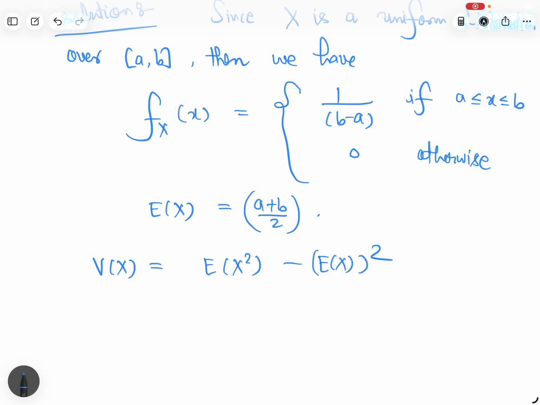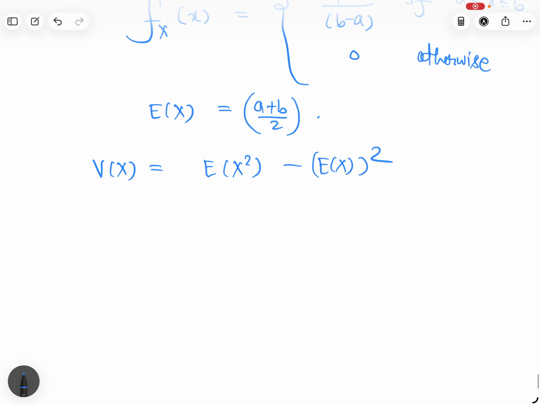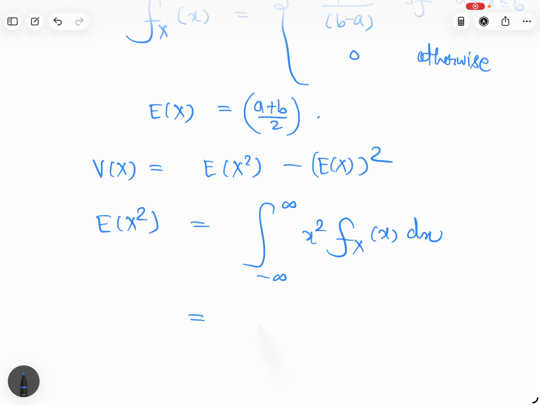So what is E[X square]? E[X square] is nothing but the integral from minus infinity to infinity of x square f(x) dx. But outside the closed interval, the probability density function is 0.